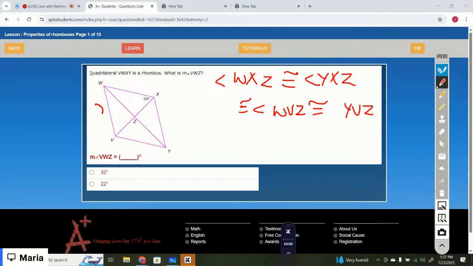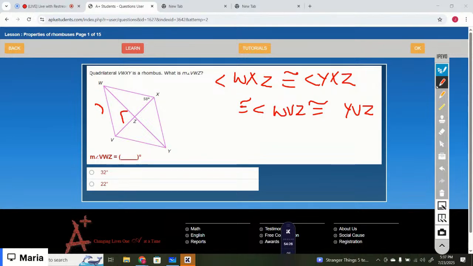So triangle VWZ is a right triangle. That is the right angle. So we can find angle V. Angle V is 58 degrees.